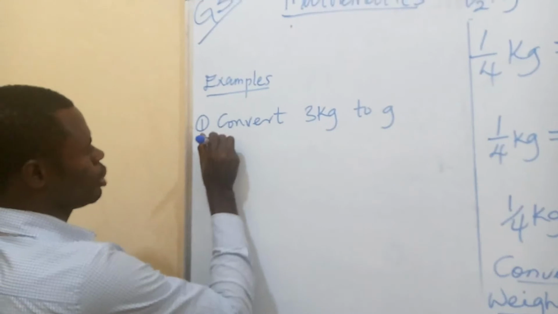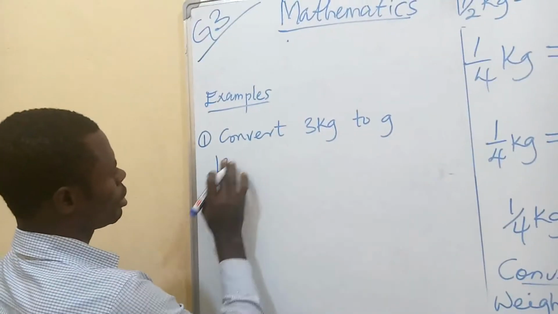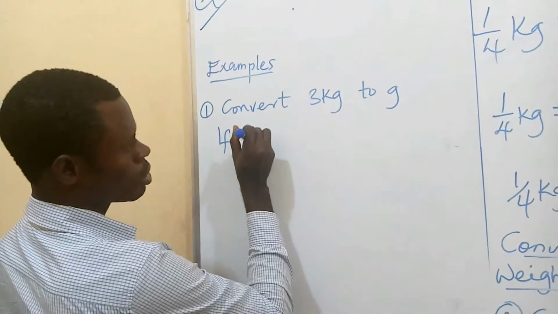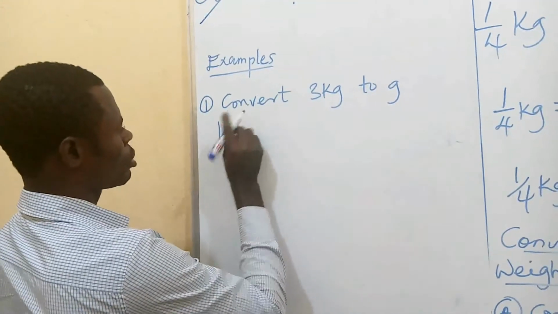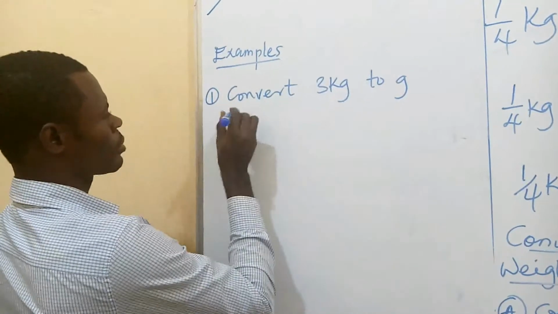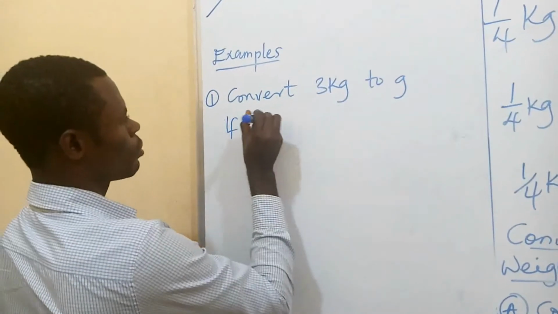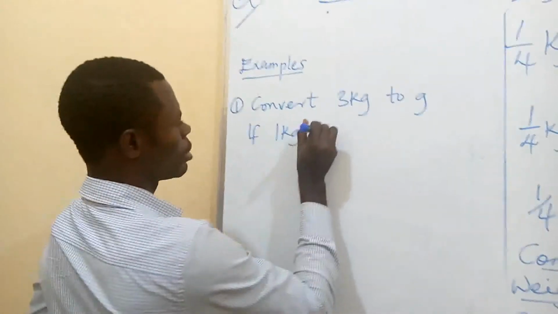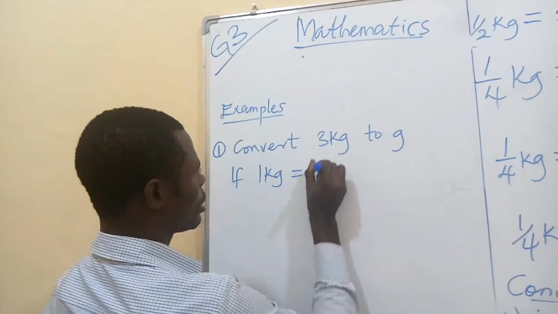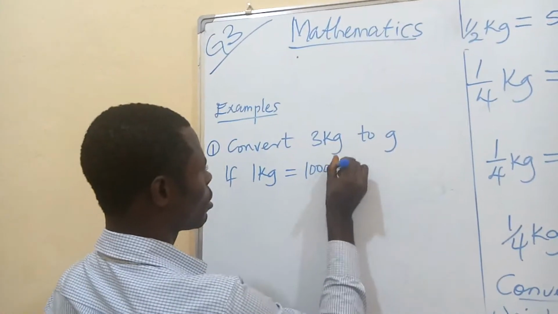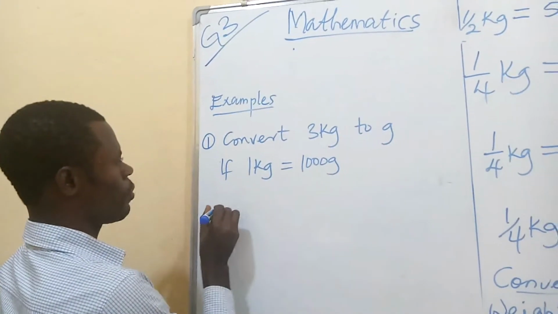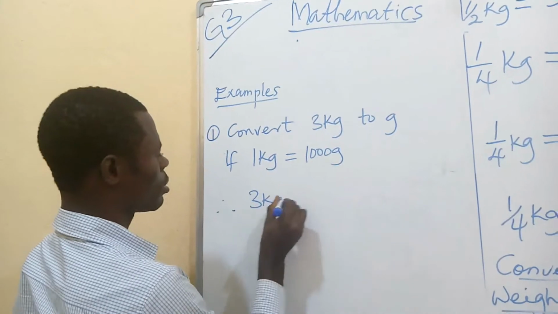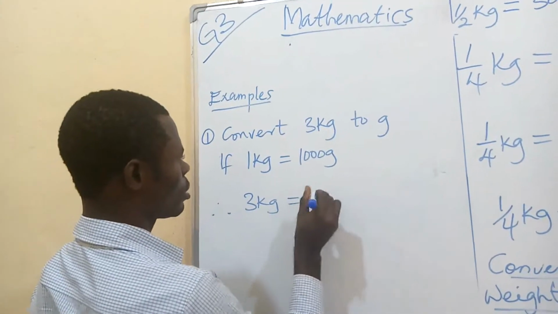Also, you recall that 1,000 grams is equal to what? 1 kilogram. So we could say, if 1 kilogram is equal to 1,000 grams, therefore 3 kilograms will be equal to what?